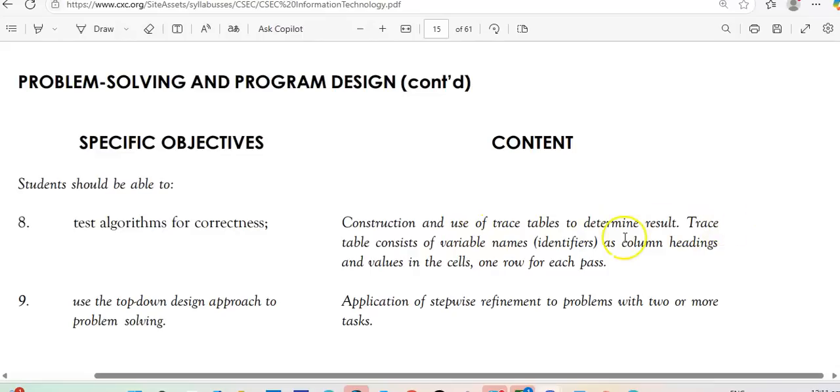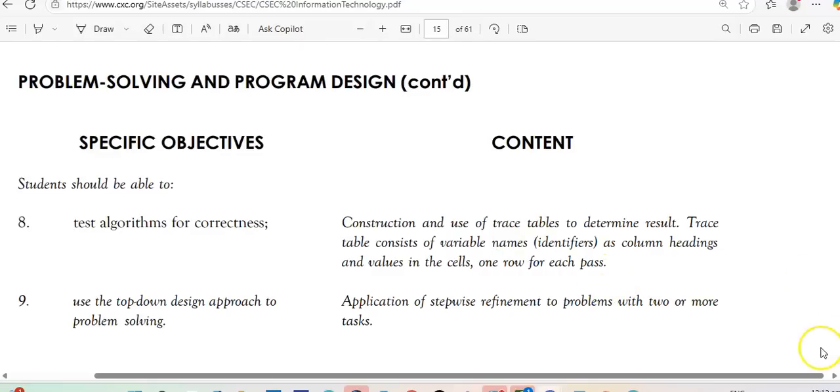You must be able to trace a table, which consists of variable names, which are identifiers, as column headings and values in the cells, one row for each pass. So whatever your teacher has been teaching you about algorithms, you can go to your textbook or to your notebook to consult and to study how to test algorithms for correctness.